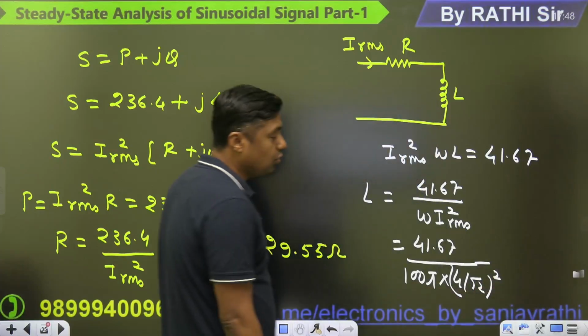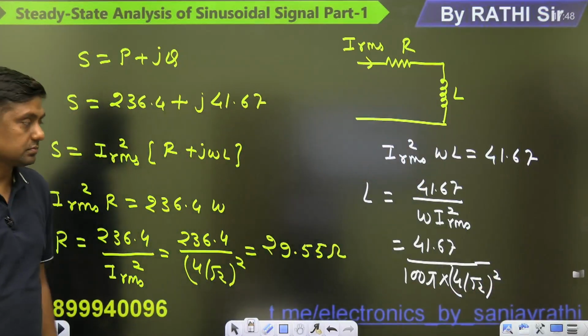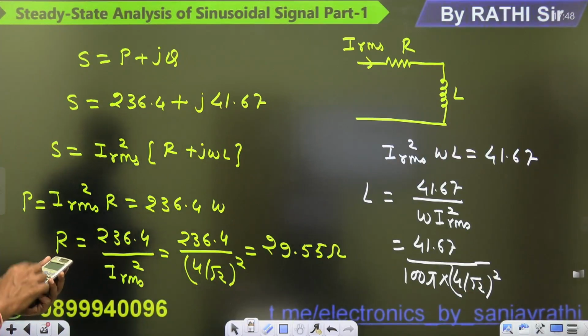You will get the value of the inductor. Let me completely solve one question so you get the idea.